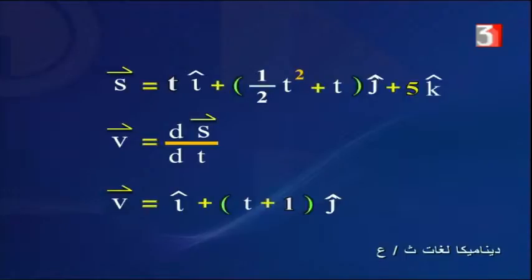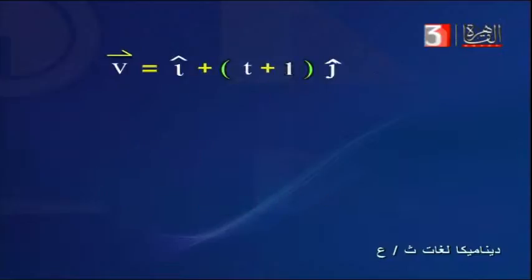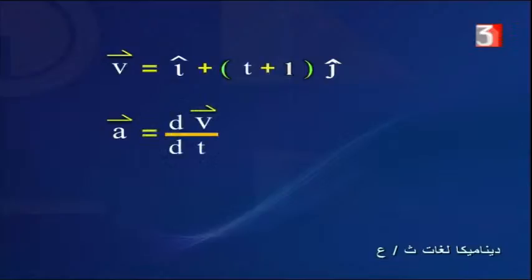Now, what is the acceleration? The acceleration vector a equals the derivative of vector v with respect to time t. Now vector a equals the derivative of i, which is 0, and the derivative of T plus 1 j equals 1 j.